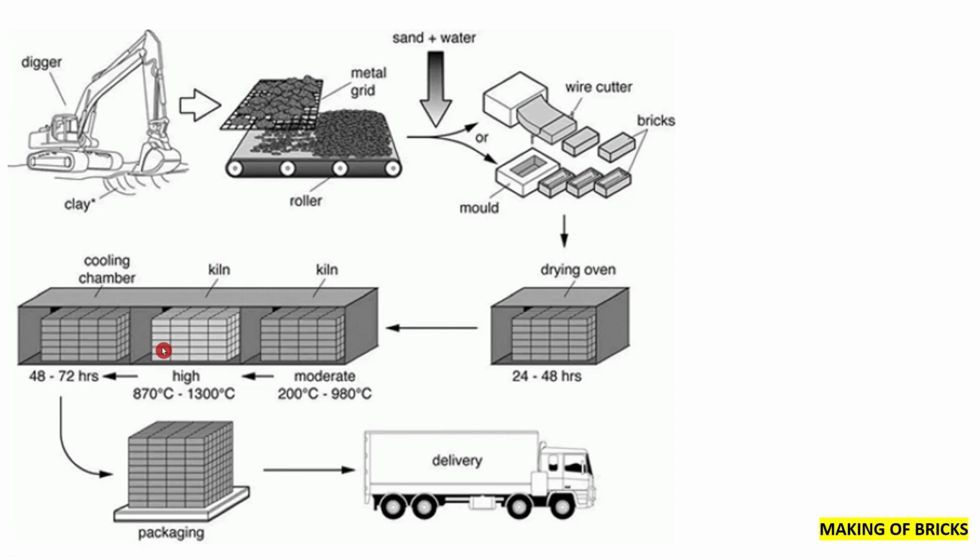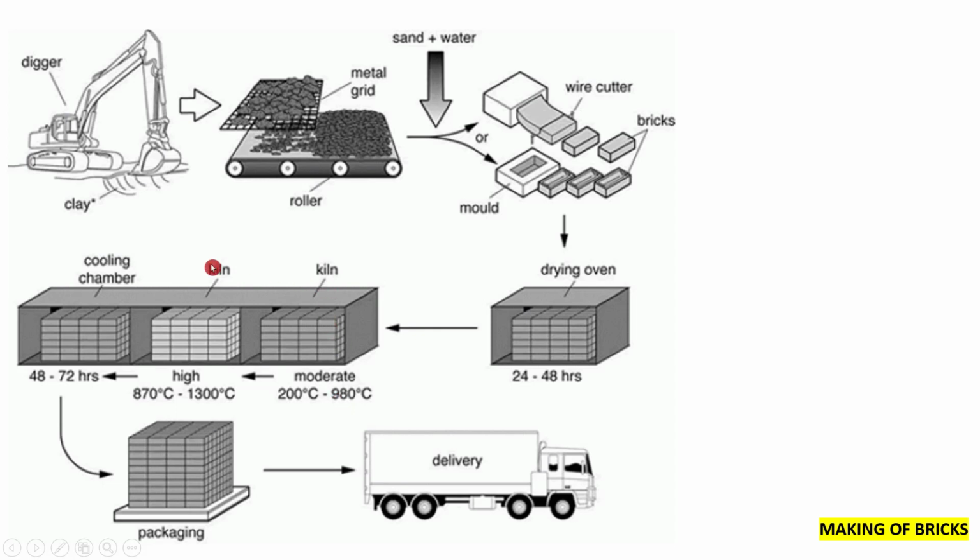place it into the kiln. In the kiln, the bricks are stacked and then it goes in this reverse way. The kiln is at very high temperature, 200 to 900 degrees Celsius is the first temperature.